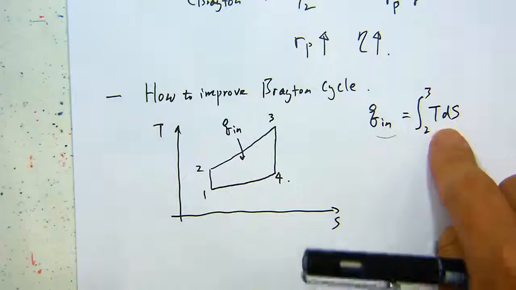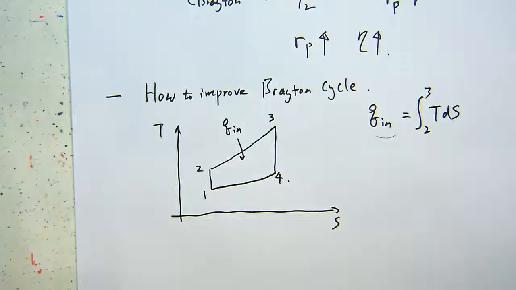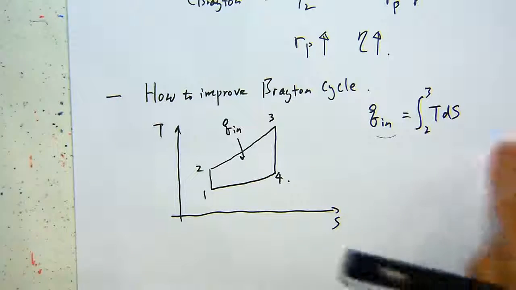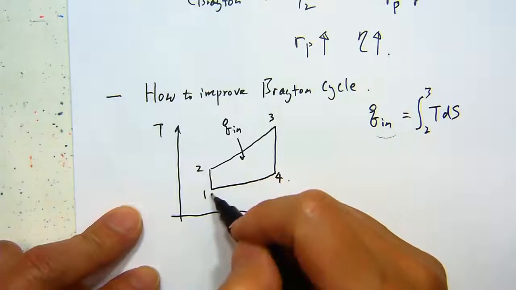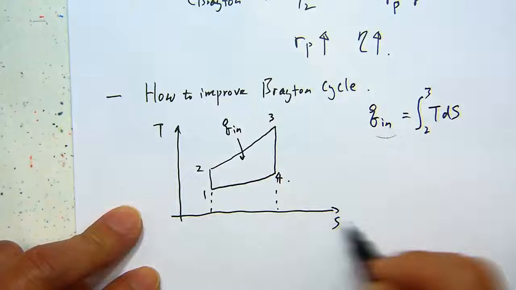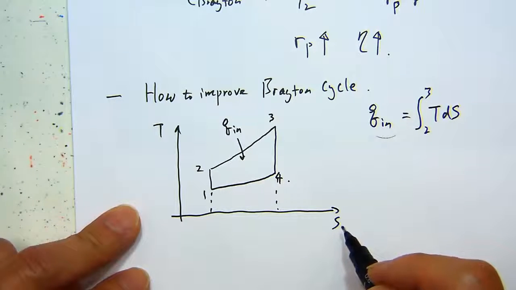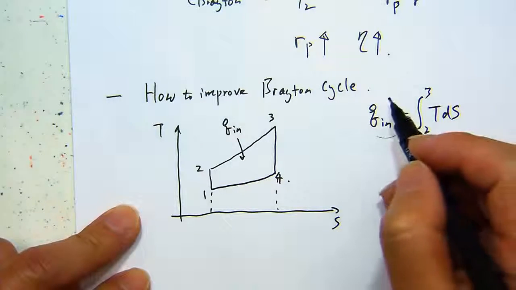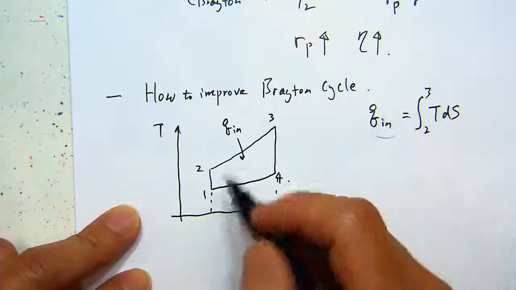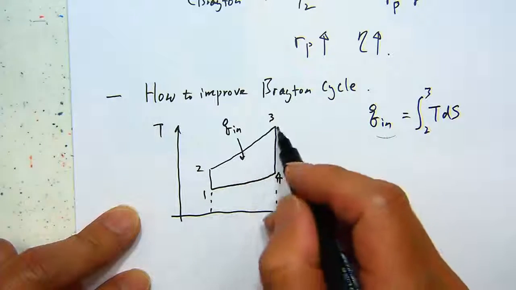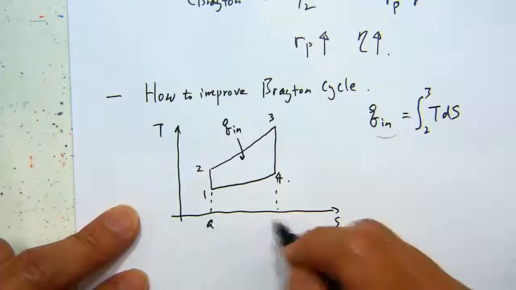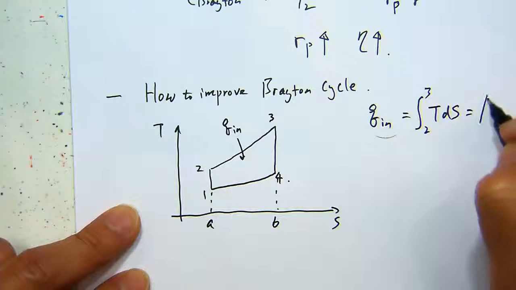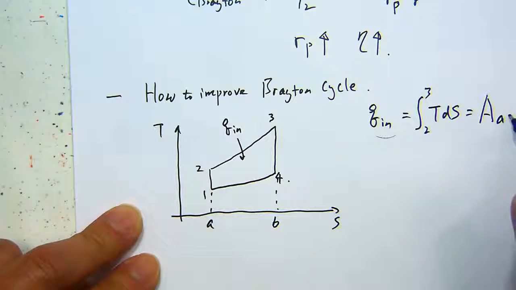In this case, temperature is not constant, so you don't have a straight line to deal with. But still, if you do the integration, you would have the temperature times the differential change along the entropy axis. Then you will have this total heat, and that total input heat equals the area underneath this temperature curve. If I call the points A and B, that equals the area of A, 2, 3, and B.